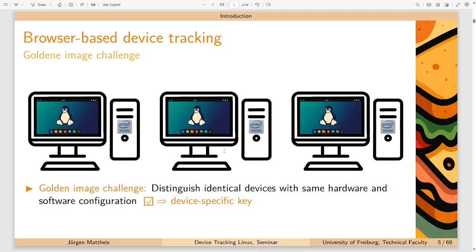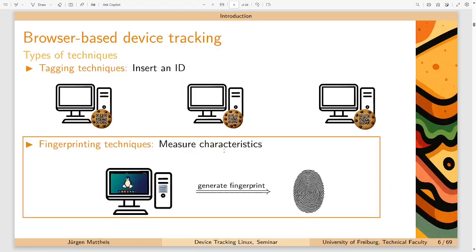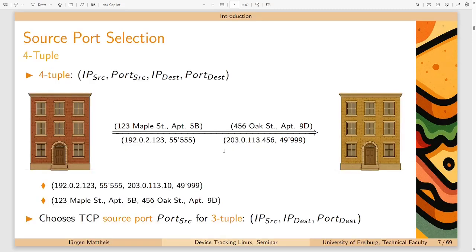It persists across browser sessions and network changes because it's on the kernel level at startup. This is a so-called fingerprinting technique. There are two types of techniques, tagging and fingerprinting, and this is a fingerprinting technique that measures characteristics of a client device and generates a fingerprint. Tagging is not our concern today.